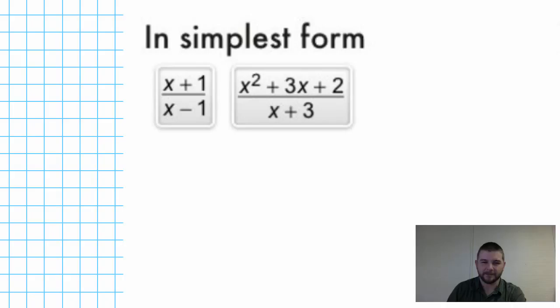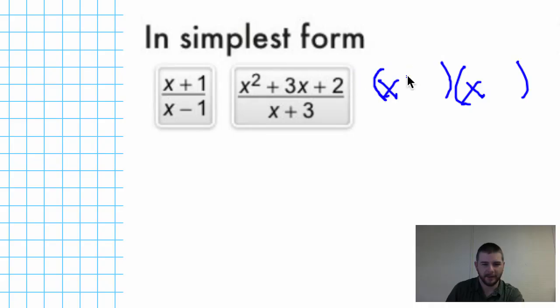The next example, x squared plus 3x plus 2 over x plus 3, is also in simplest form. Note that the numerator can be factored, and can be factored relatively easily. I'll do that now. Having set up our binomials and input the x's, the first terms, I'm searching for two constants that when multiplied equal 2 and when added equal 3.